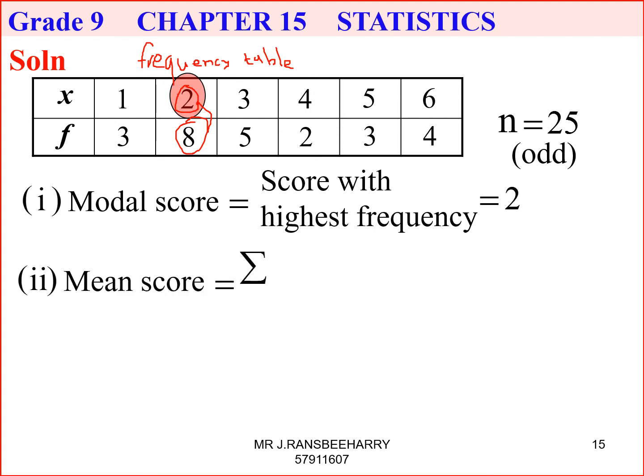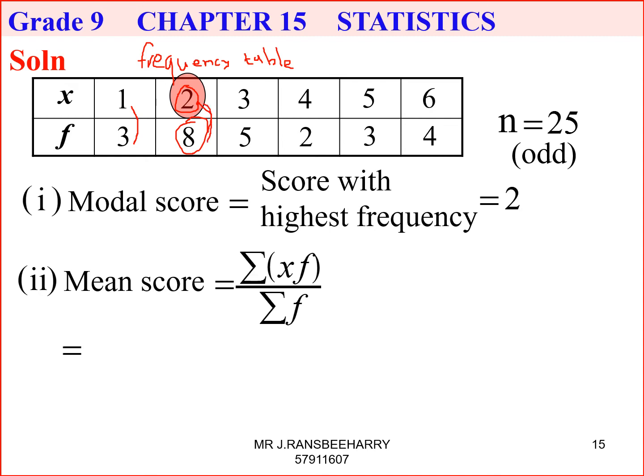Secondly, the mean score. For the mean score, we have a new formula: the sum of score times frequency over the sum of frequency. The logic is, in 3 matches, the team scored 1 mark, so the total is 3 times 1, or 1 times 3. In 8 matches, the team scored 2 marks each, so the total score is 2 times 8.